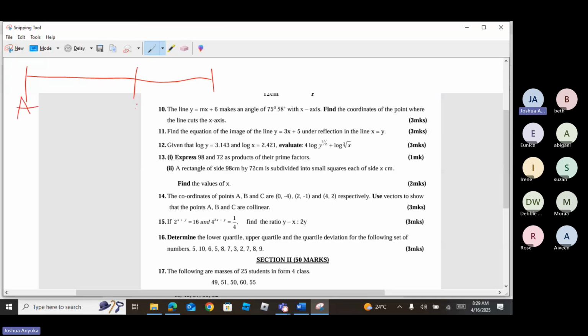So A, B, C lie on one straight line. Then we have the coordinates of A as (0, -4), B as (2, -1), and C as (4, 2).